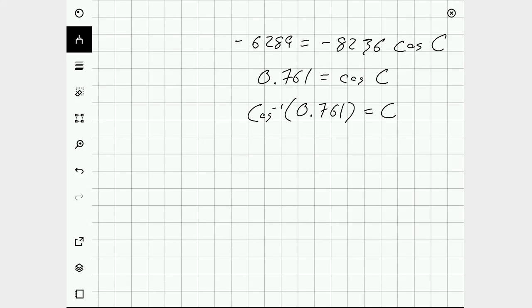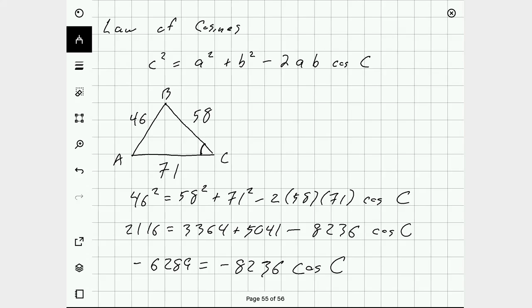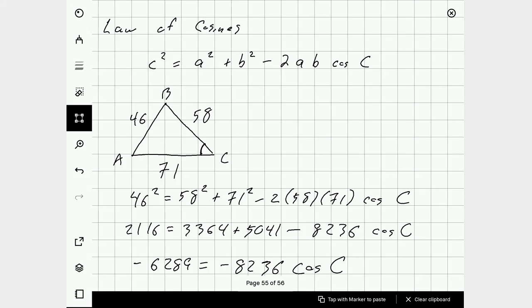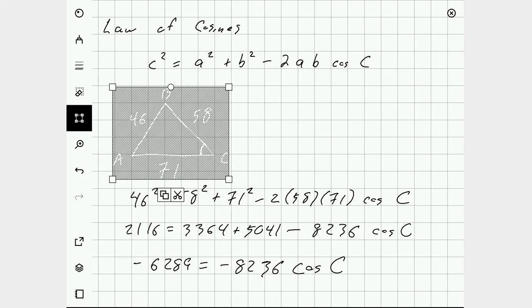But I can take the inverse cosine of that value, and my calculator is quite happy to tell me that angle C is 40.4 degrees. All right, coming over here and grabbing the rest of my triangle.